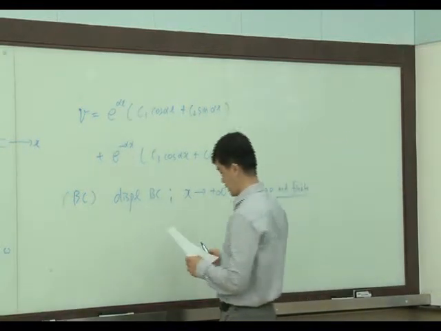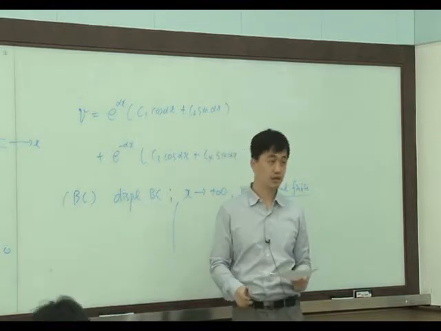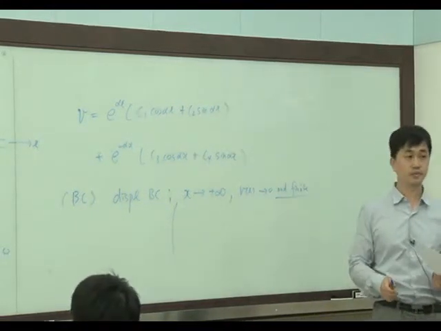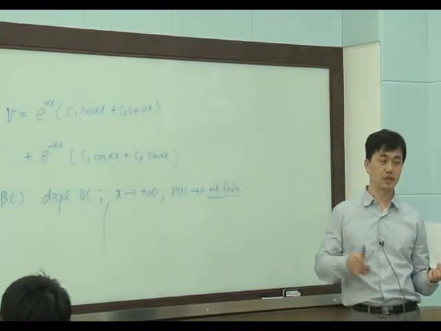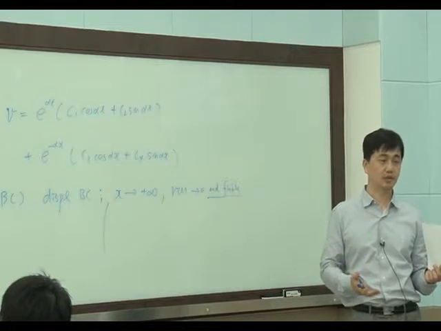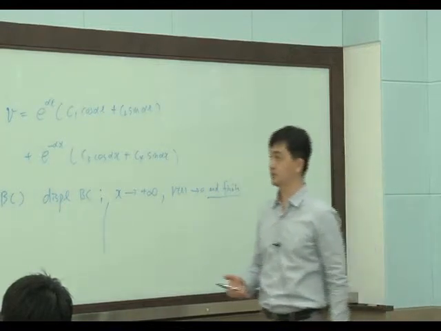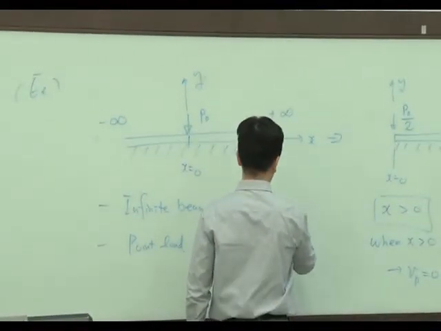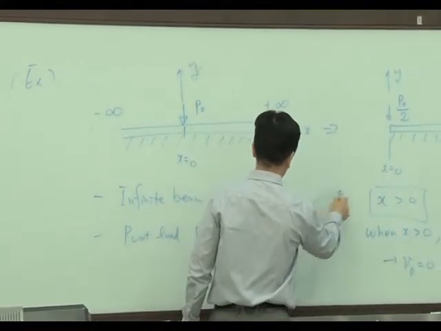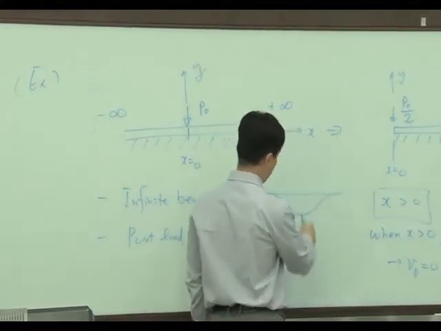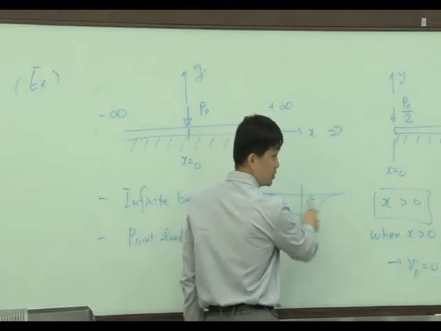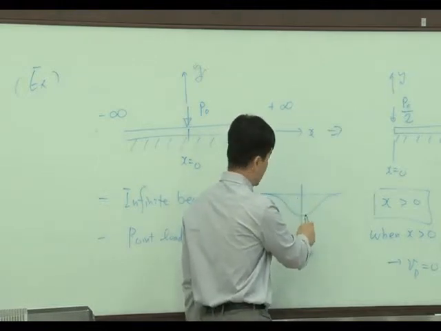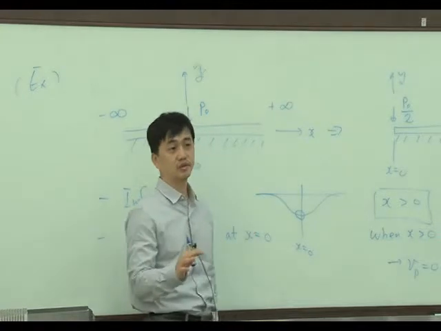And how about the other boundary condition? Can you identify another boundary condition in this problem? This is a beam problem, so one displacement is the y-directional transverse displacement, the other is the rotation. In this kind of symmetric problem, at the center, the deflection will be something like this, okay? So at x equals 0, the displacement is symmetric, which means at this point there is no rotation.